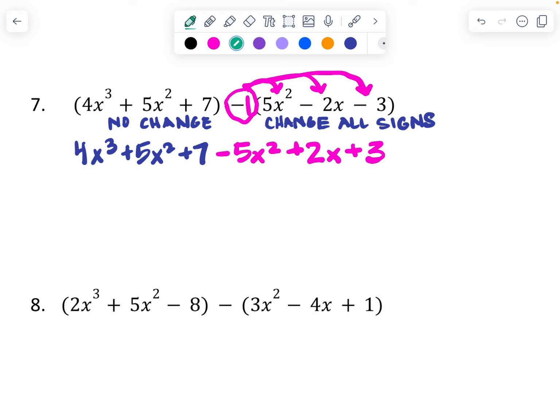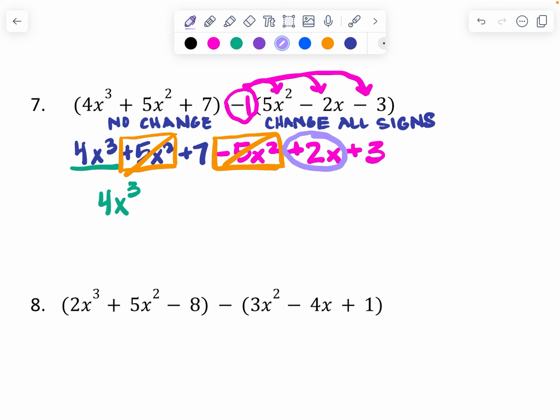So first, highest exponent is 4x cubed. There are no other x cubed terms. Nothing to combine that with. Now I have positive 5x squared and negative 5x squared. When I add those together, they cancel out. Next would be 2x, no other like terms.